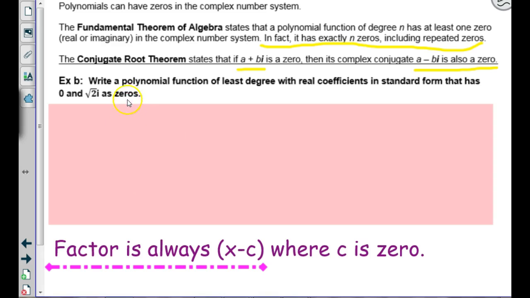Okay. So it says, write a polynomial function of least degree with real coefficients in standard form that has 0 as a 0 and square root of 2 times i, which is not under the radical, as a 0. What else does it have to have?